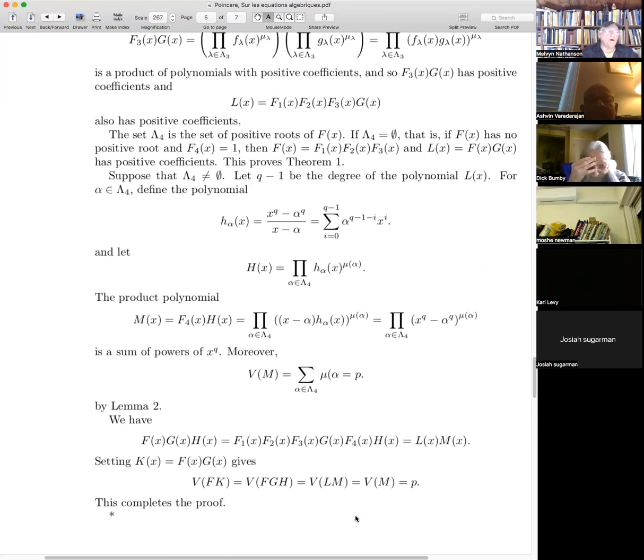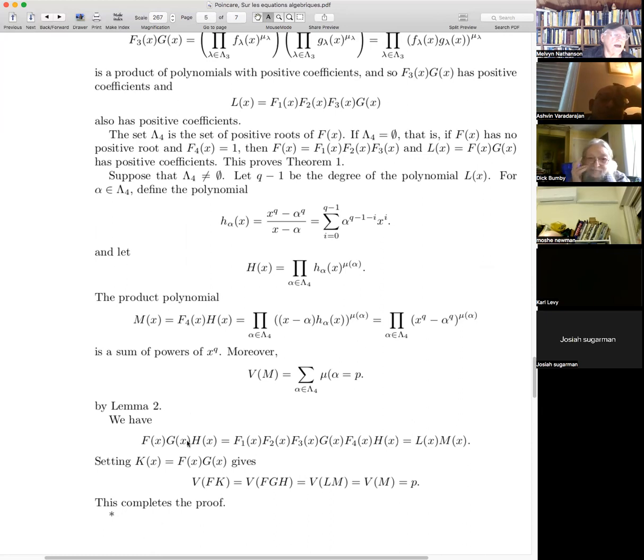And lo and behold, I claim now I've proved Poincaré's second theorem. Because if I take the original polynomial F times capital G, that's this guy up here, times this polynomial H, what is that?